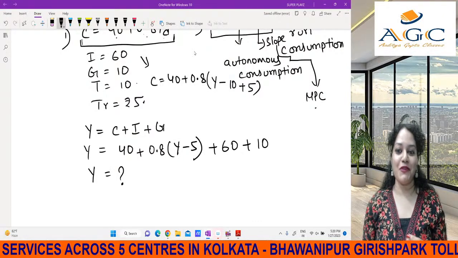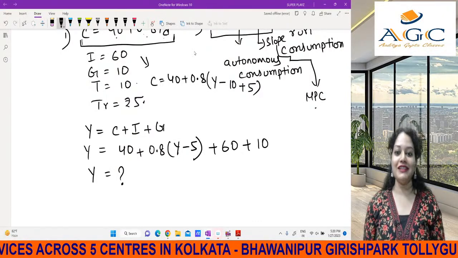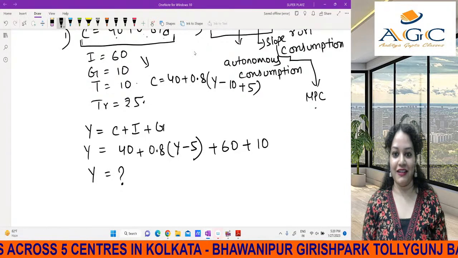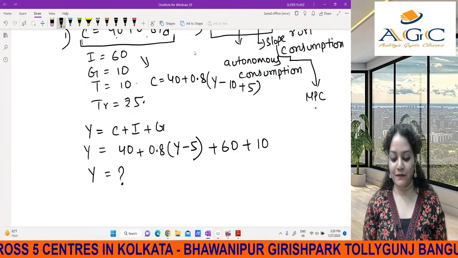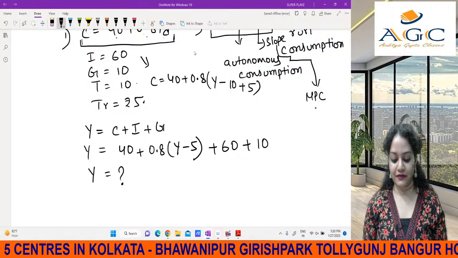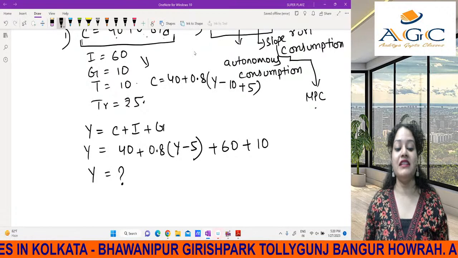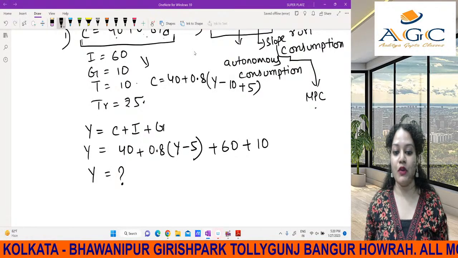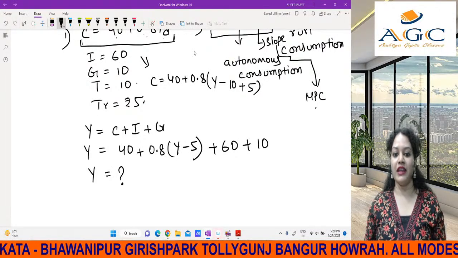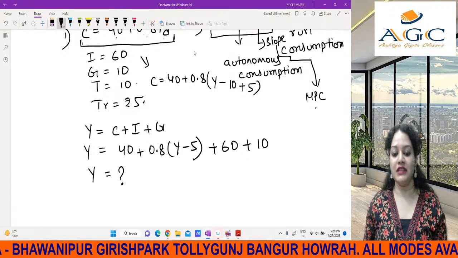And kindly give proper answers, because some of your answers are actually wrong. Y is equal to 40 plus 0.8, in bracket Y minus 5, plus 60 plus 10.